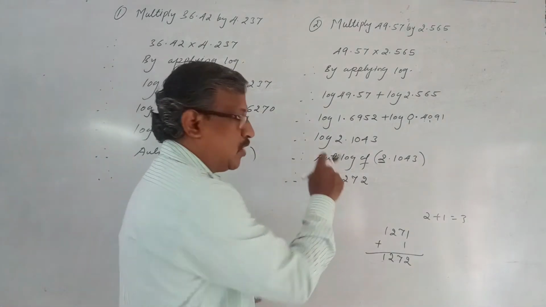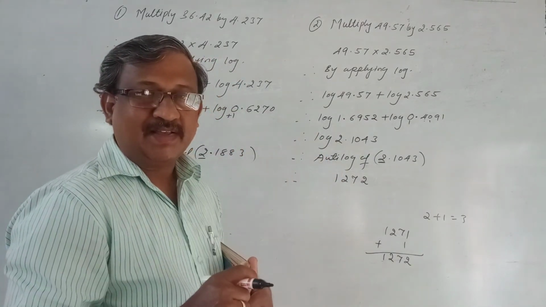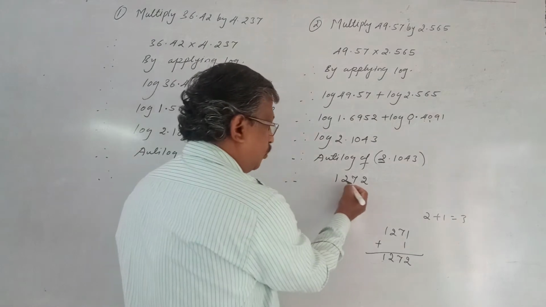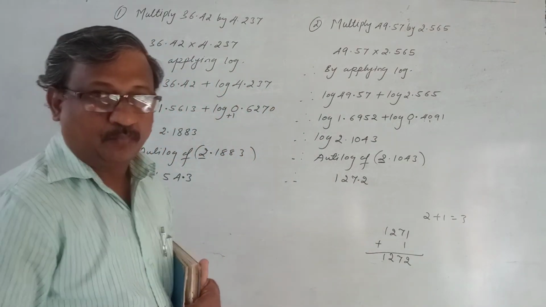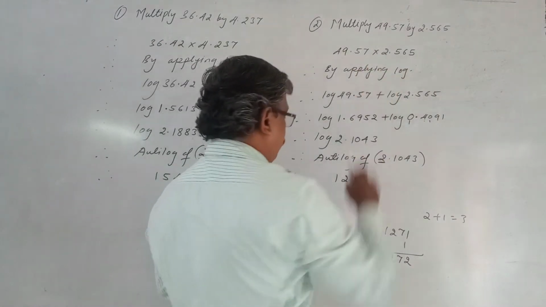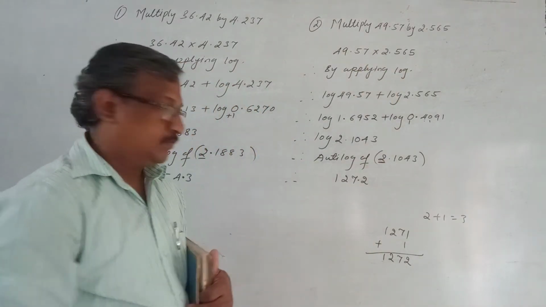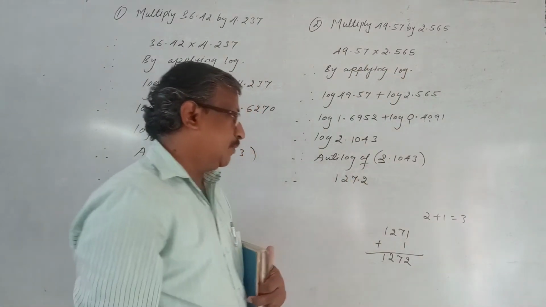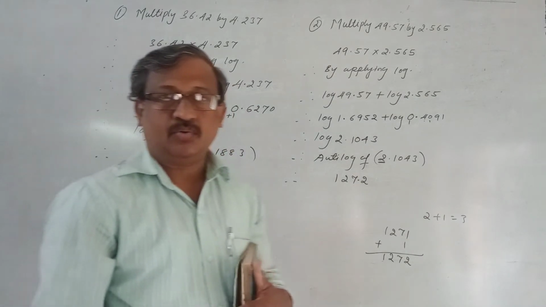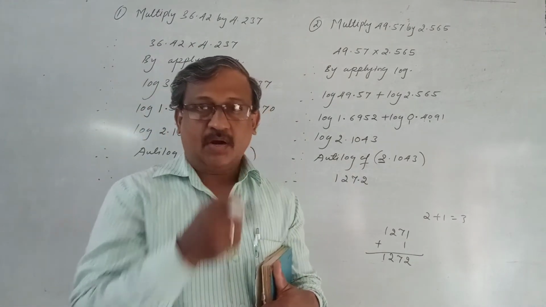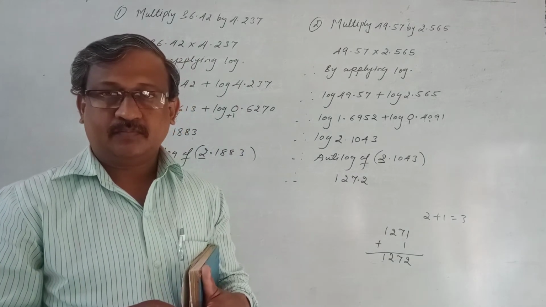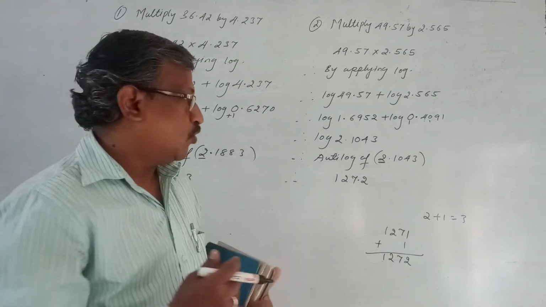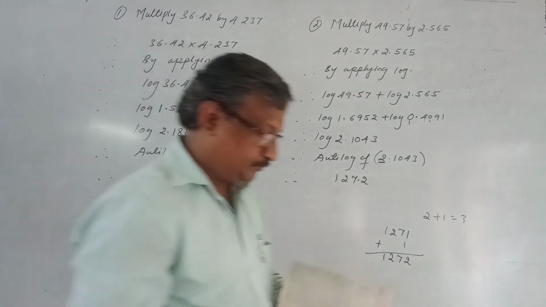Means from here you count 3 digits and then you place the decimal point. So it is 1, 2, 3, the point will come here. So the answer comes to 127.2. If you multiply these two values in the calculator, the value will come 127.2. So this is how you have to multiply any two numbers by using the logarithm. Clear? So I hope you are understanding.